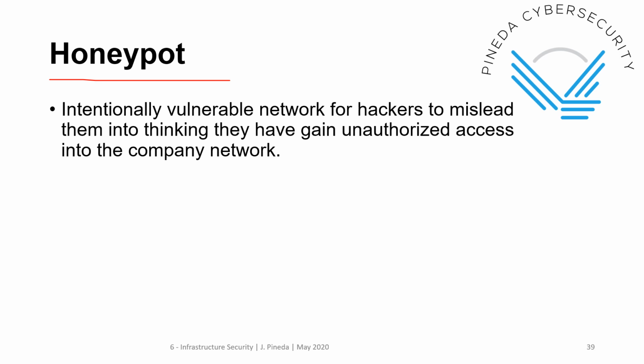The goal, in most organizations, is first to protect the actual network, and some companies use it to learn about the methods or the tools used by the attackers. In some cases, they learn new attacks, the zero-day attacks, and they inform anti-malware companies, or sometimes anti-malware companies have this in place.